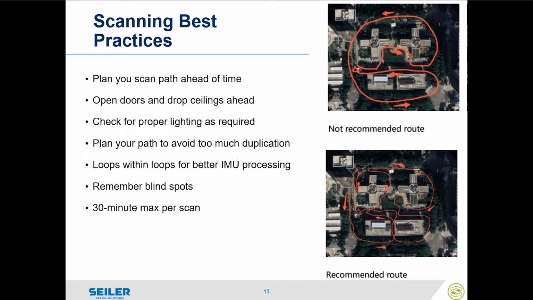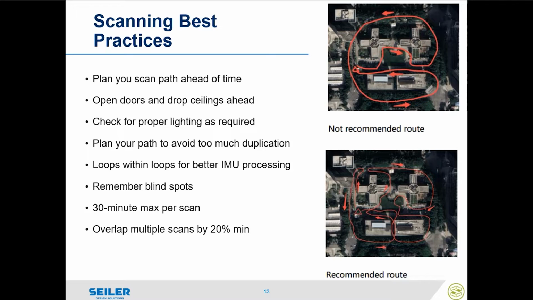30-minute max per scan. So as fast as you can walk in 30 minutes, that's how much you can scan. If you need to, you would break your scans up into multiple scans in those 30 minutes. So if I was going to go internally to these buildings on those images, I would make sure that I do an initial scan and then overlap my next scan.